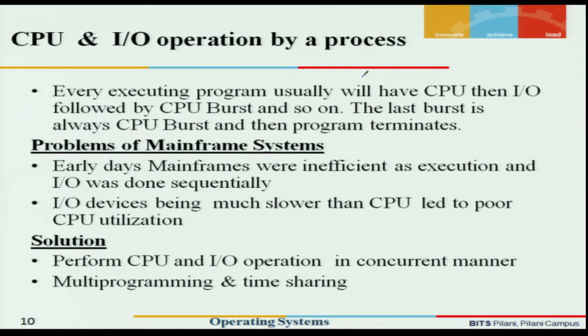Until the complete 2 megabytes of data is provided, the CPU cannot complete its task, so it would take 2 seconds rather than 1 second to complete the job. Because I/O devices are much slower than the CPU, it led to poor CPU utilization.